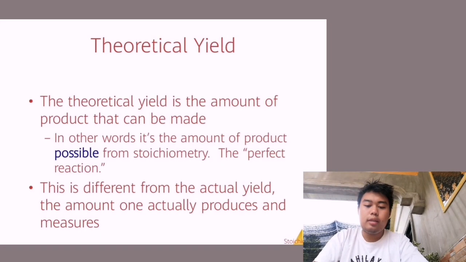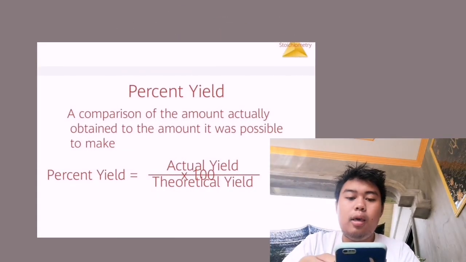Theoretical yield. The theoretical yield is the amount of product that can be made. In other words, it means the amount of product possible from the stoichiometry, the perfect reaction. This is different from the actual yield, the amount actually produced and measured.